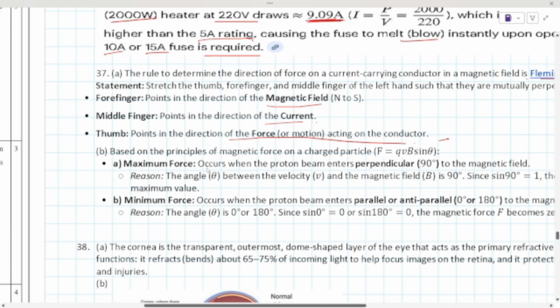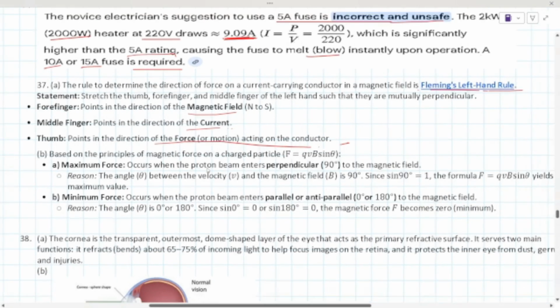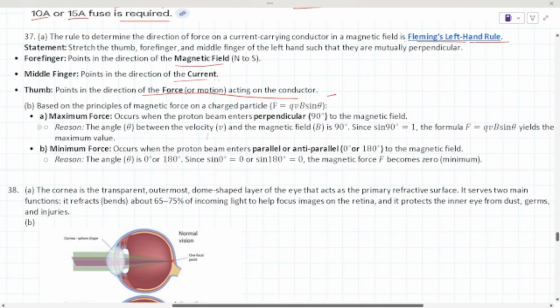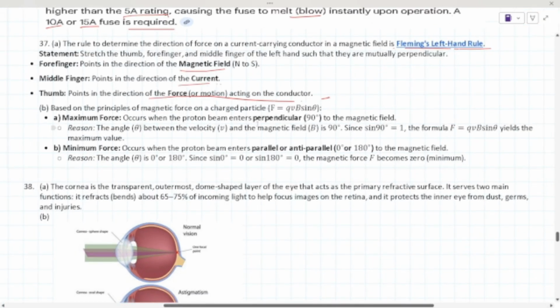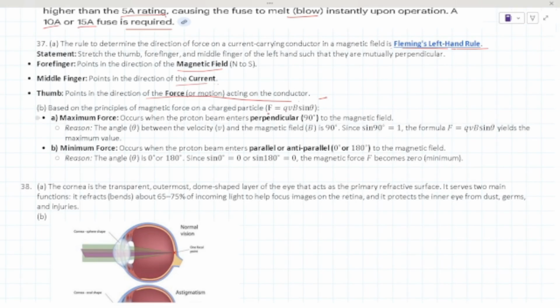Let's see here. For a charged particle, we have the formula, and force is maximum when the value of sine theta is maximum, right, at 90 degrees.